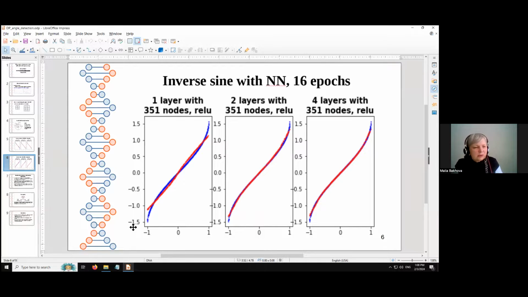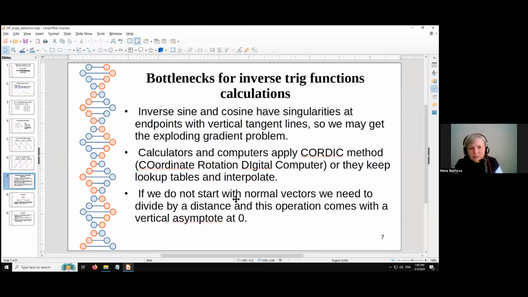And let's talk about how the functions are usually computed. I made a list of bottlenecks for inverse trigonometric function calculations. First, you see again the vertical tangent lines. Second, how they are usually computed on your calculators and computers.